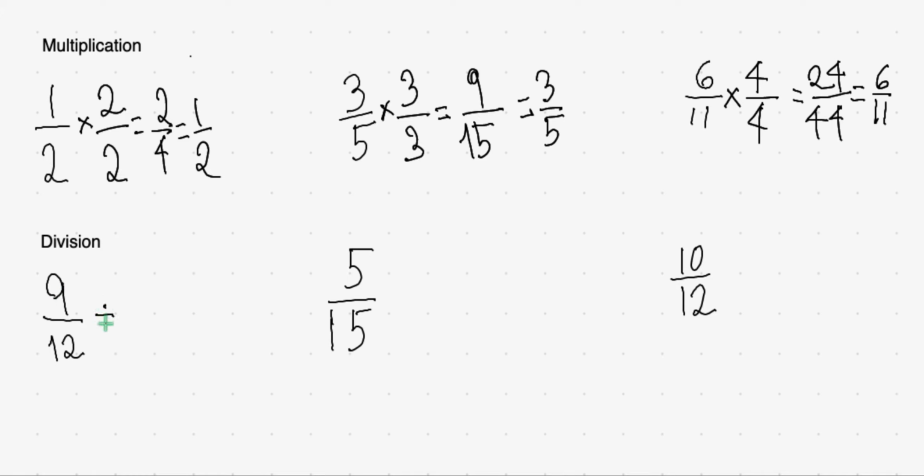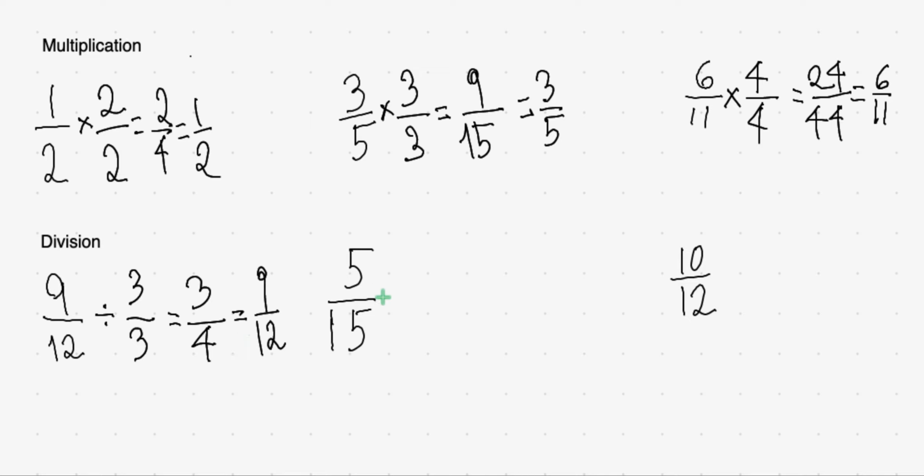We could divide 9 by 3 and 12 by 3. 9 divided by 3 equals 3, and 12 divided by 3 equals 4. That means that 3/4 is equivalent to 9/12, and 9/12 is equivalent to 3/4.